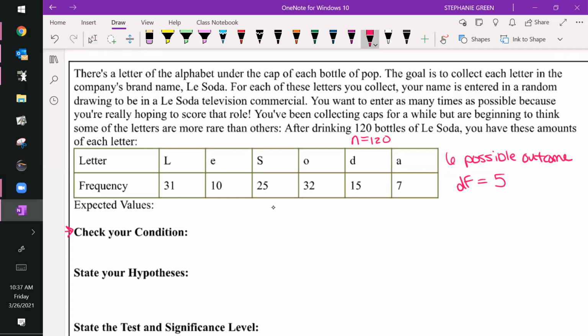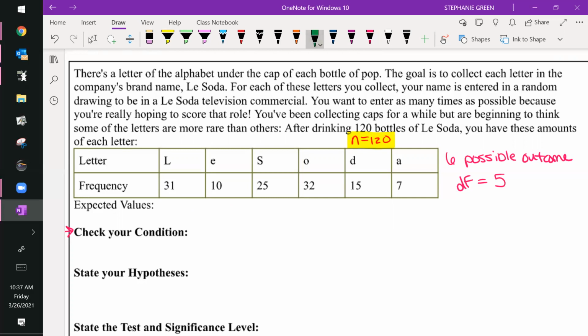So if all 6 of these were going to occur at the same probability, then we would assume that each would have a probability of 1/6. That'd be a 1/6 chance of getting an L for each soda, a 1/6 chance of getting an E for each soda, and so on. So out of 120 in our sample, what would we expect to get for L's?